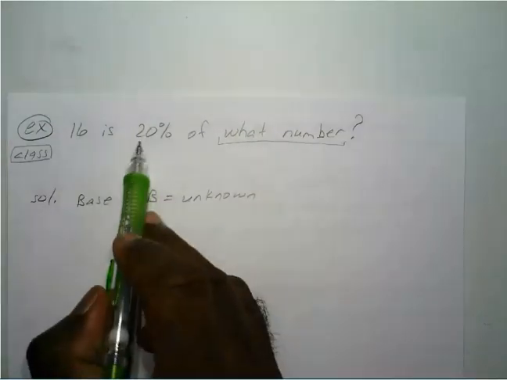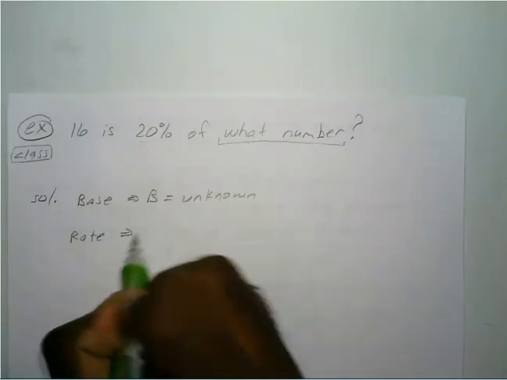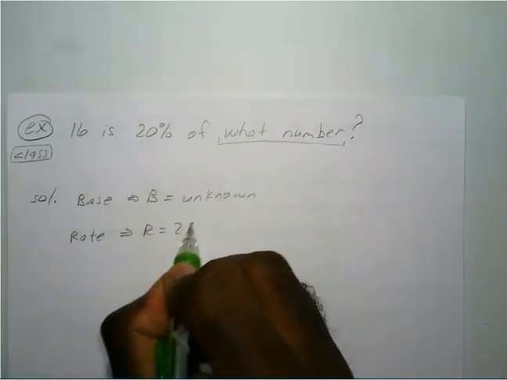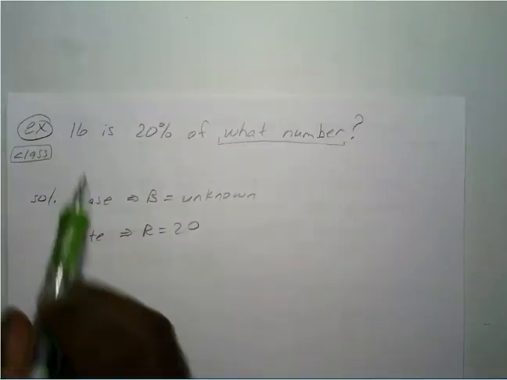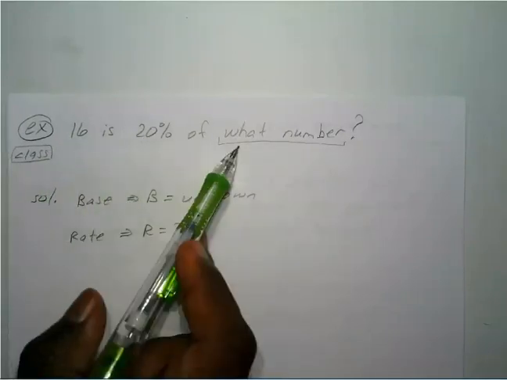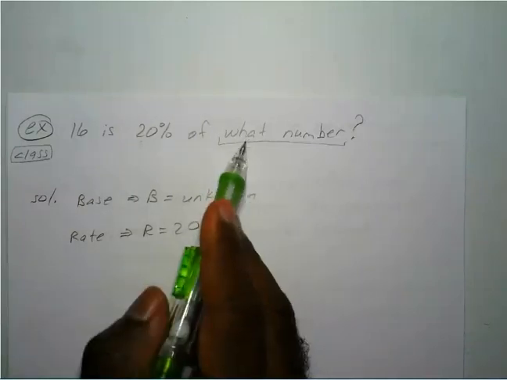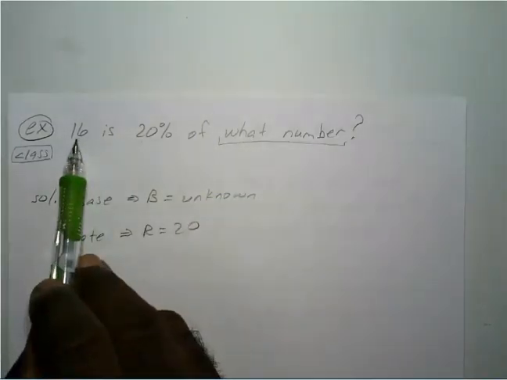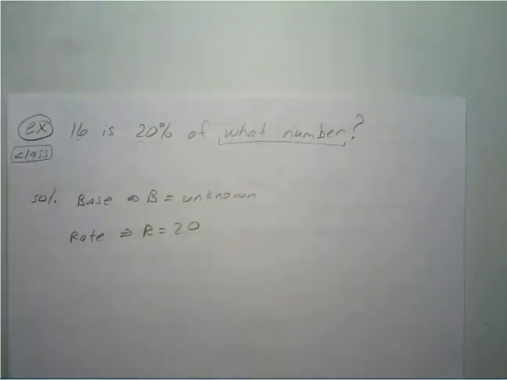So now, of course, your percentage rate, that's always the easiest to identify. Okay, and your portion, because we're looking for, 16 is a percentage of some bigger number or whatever number it is. Sometimes this number could be smaller, but we're looking at 16 is a percentage of a certain number.